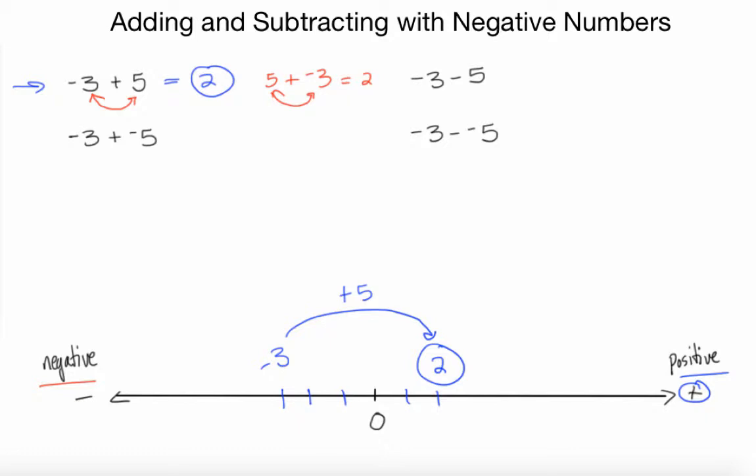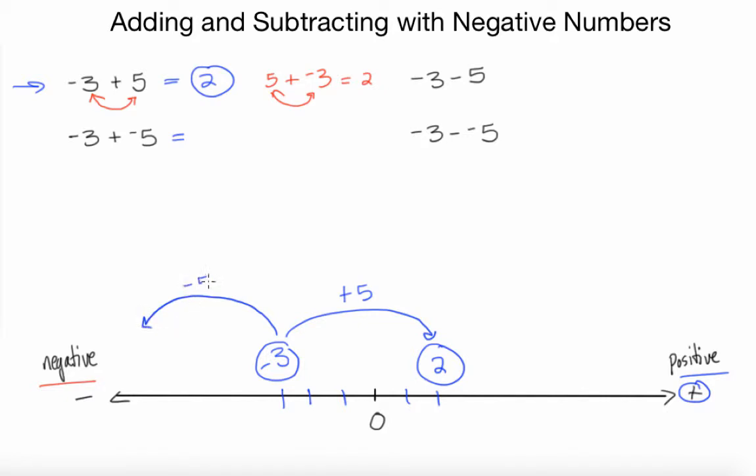Okay, now let's take a look at, what if I have negative 3 plus a negative number? So now I'm adding two negative numbers together. Well, I'm still starting off at negative 3, like before, but now I'm adding the opposite of 5, which is negative 5. So I go in the opposite direction, because it's not positive 5 I'm adding, it's negative 5.